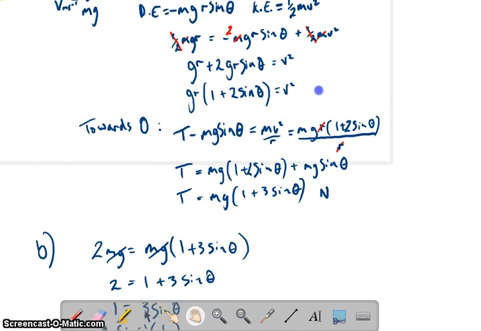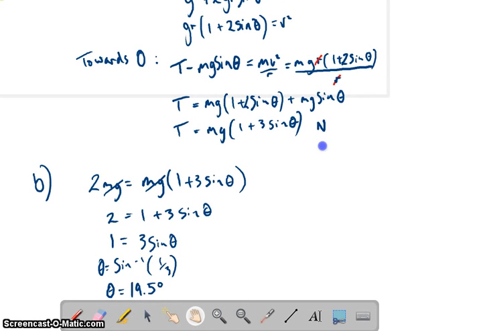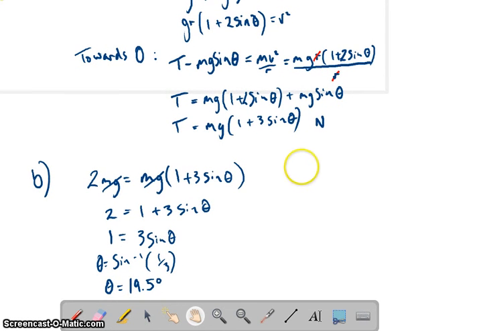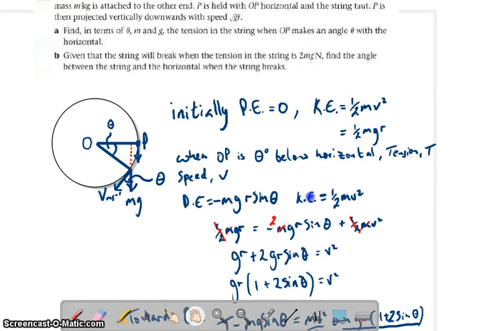And then the second part of the question asks us to look at it snapping. So we take that value of tension, okay, we say, well, it breaks when the tension is 2mg, and that information is given in the question originally.